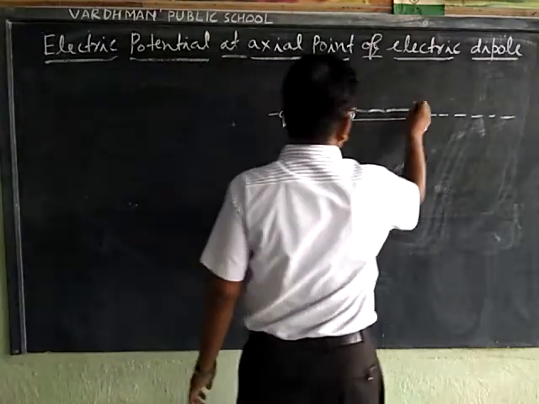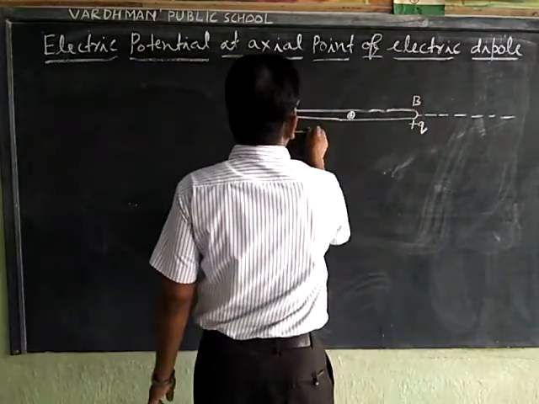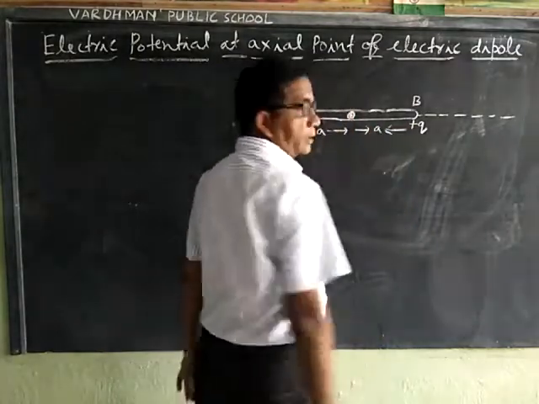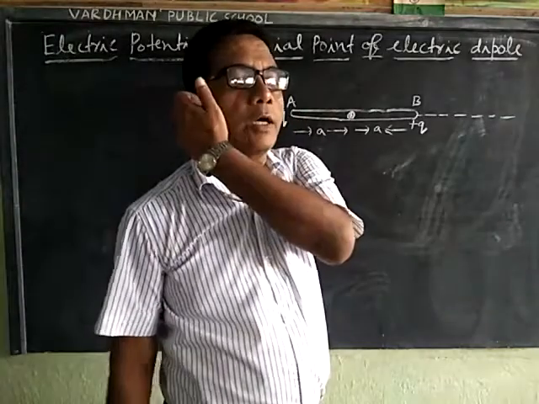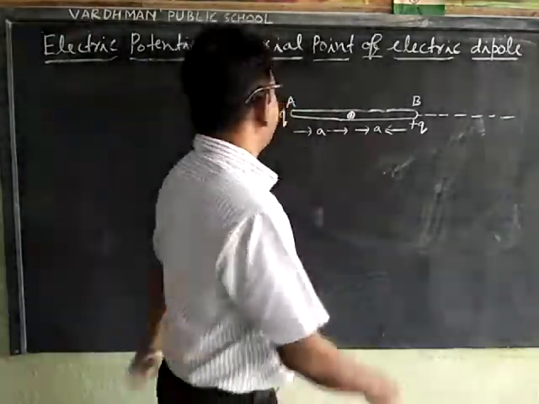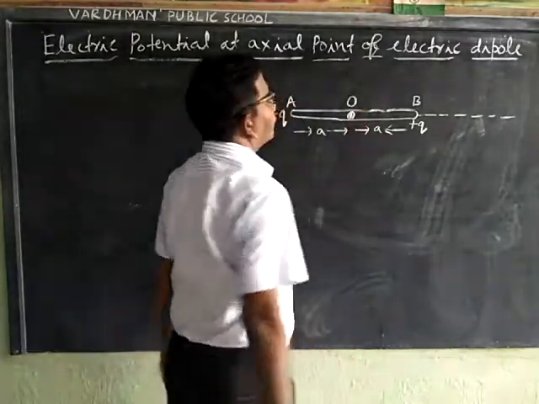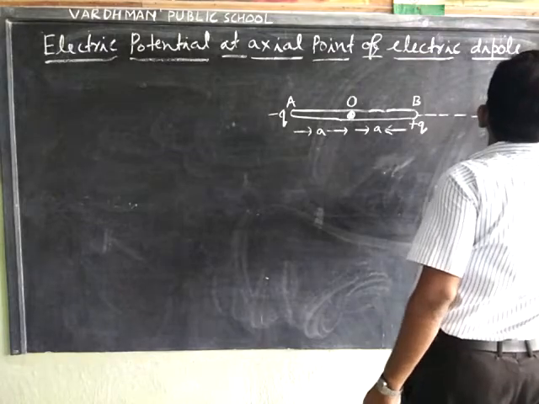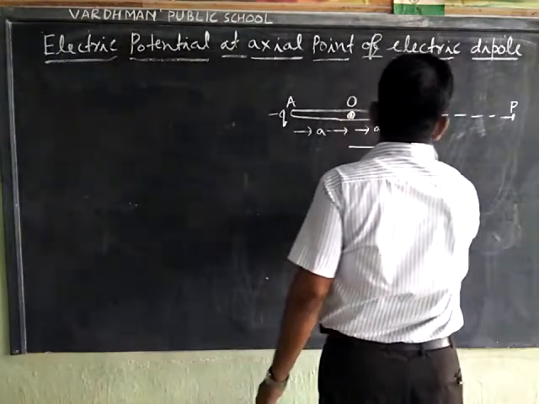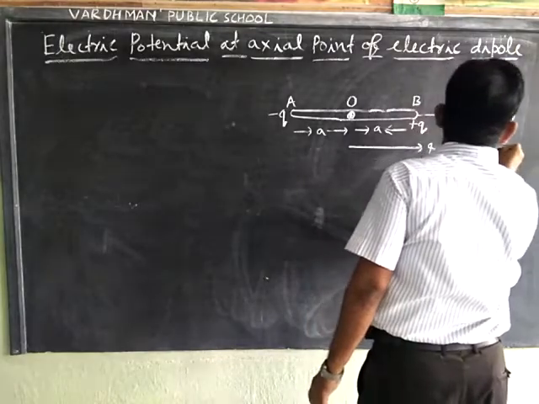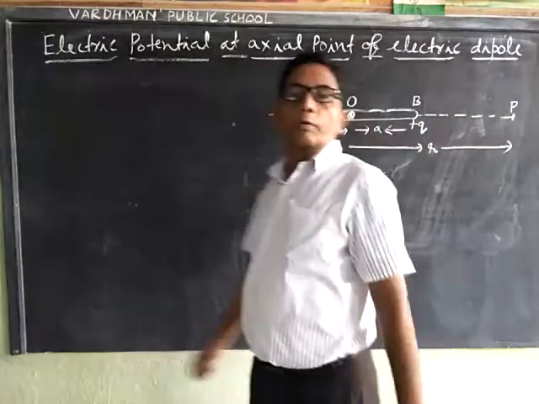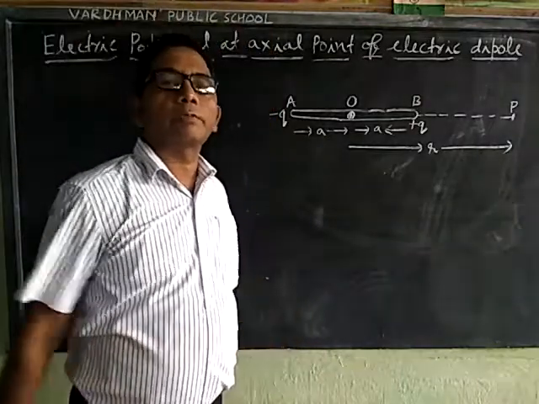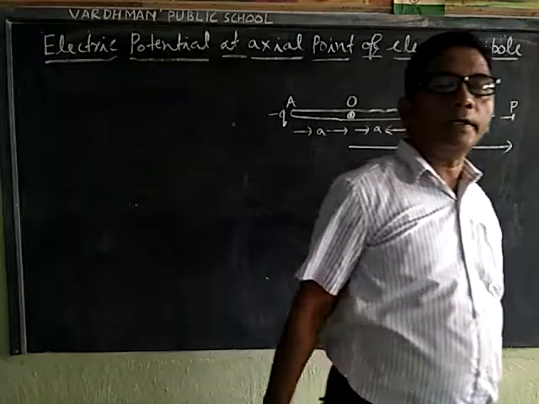The name of the dipole is AB and the distance between them is 2a. Let P be a point at a distance r from the center of the dipole.